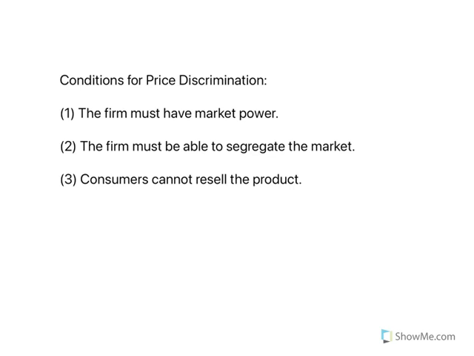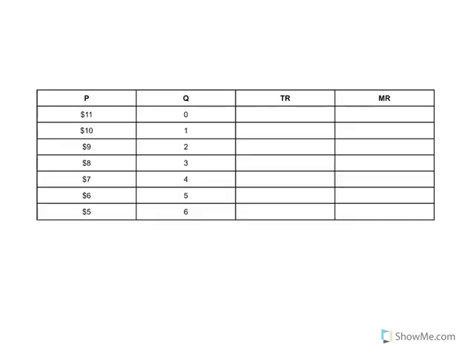So to get an idea of how that would impact a monopoly, I want to use a table here. I've got prices ranging from $11 to $5 and quantities from 0 to 6. And so we want to fill in total revenue and marginal revenue. So first of all, and this is a little different than what we're used to, if nothing gets sold, then total revenue is 0 and marginal revenue is nothing.